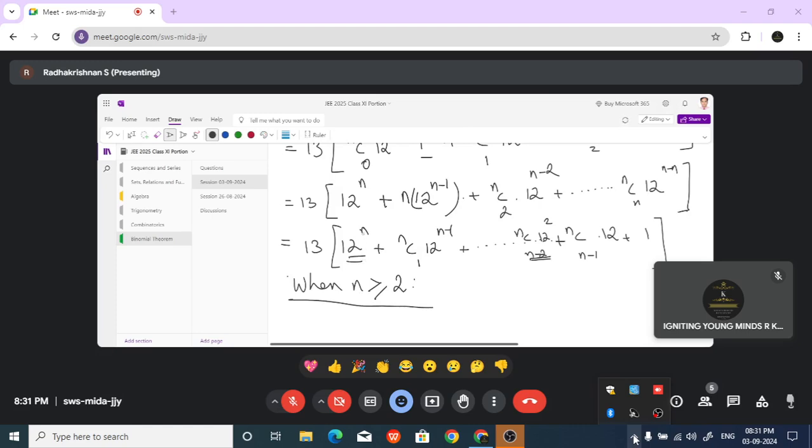When n is 3 or more, this is obviously going to be 12 cube or 12 power 4, which will be divisible by 12 square. Similarly, up to the 12 square, all the terms to its left are divisible by 144.